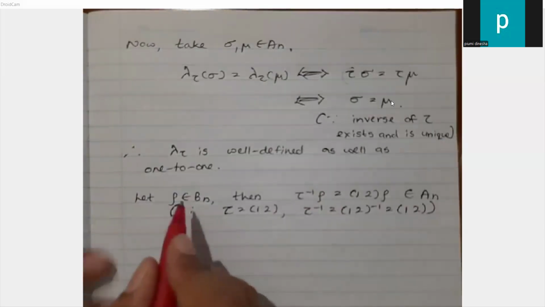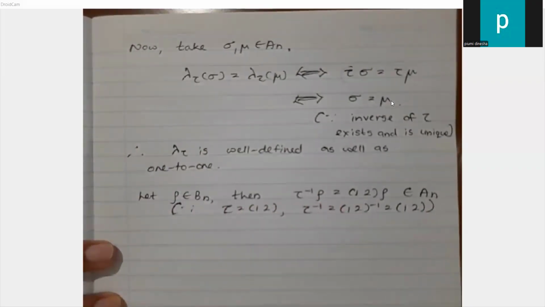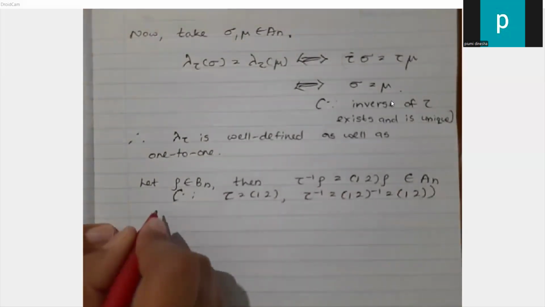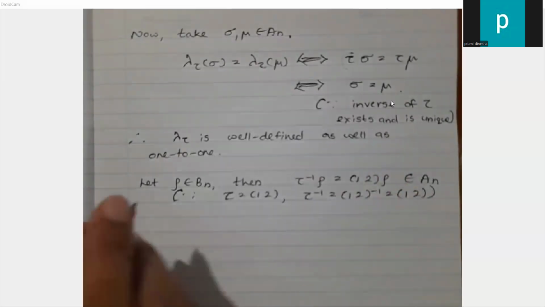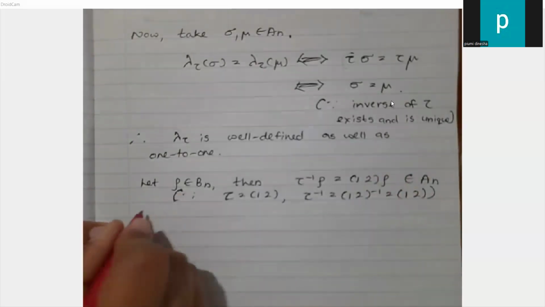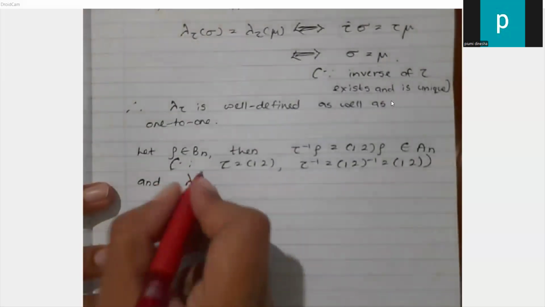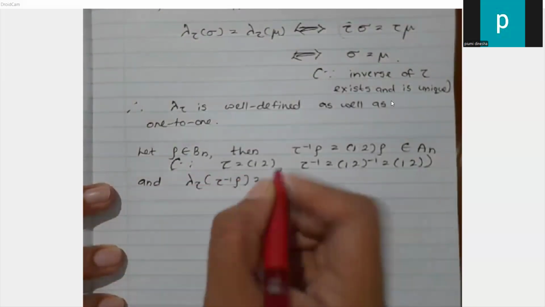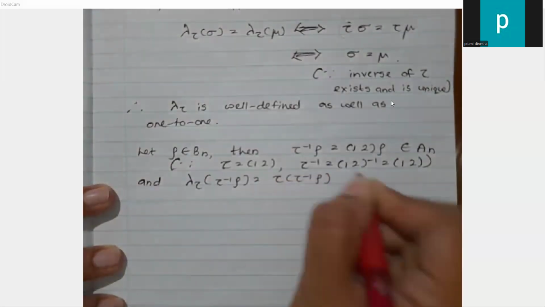Now you see, for any row that you take from Bn, tau inverse row ends up in An. Not only that, when you take lambda tau of this element, by definition of lambda tau, we get tau times tau inverse of rho.